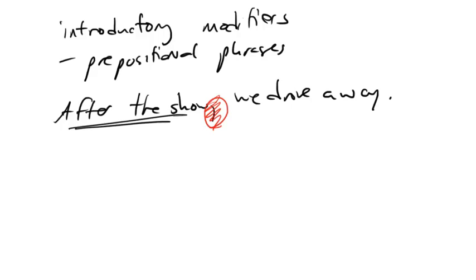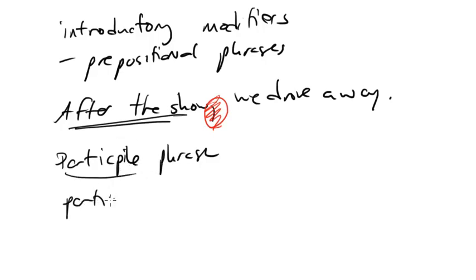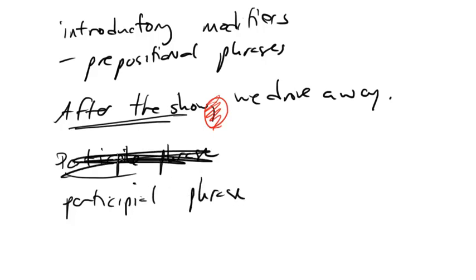Some other introductory modifiers could be something like a participle phrase. Again, I'll talk more about participles in another video. Or participial phrase. I don't know why I can't say that. Having a tongue malfunction.